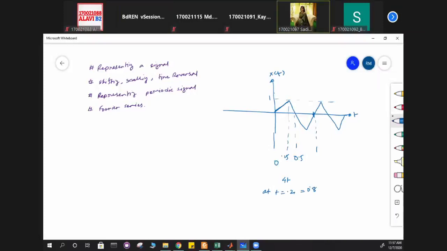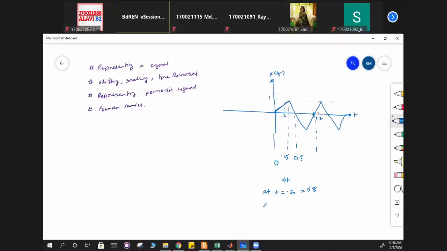Yes, sir. Now let us say it is here at 0.2. Now what will be the value at 1.2? What do you think? If it is a periodic signal, yes? Note, 1.2. It is here, 1.2.